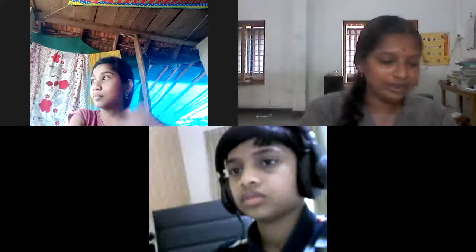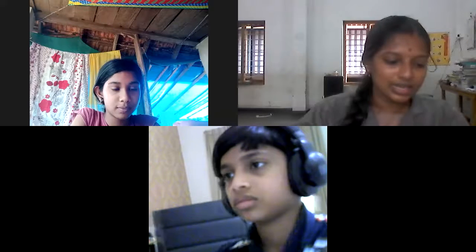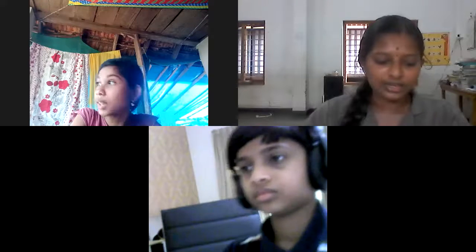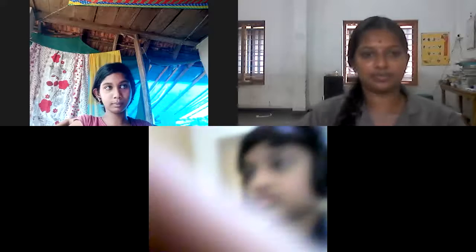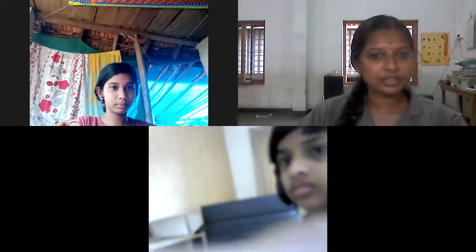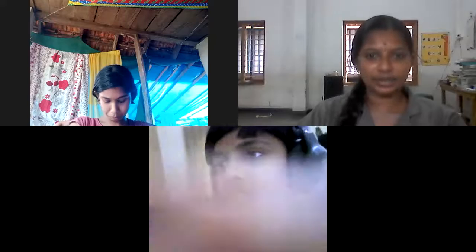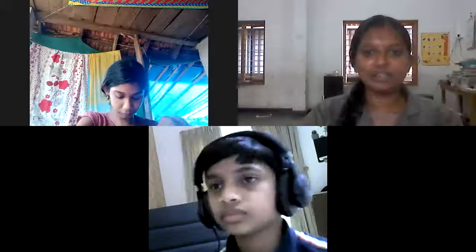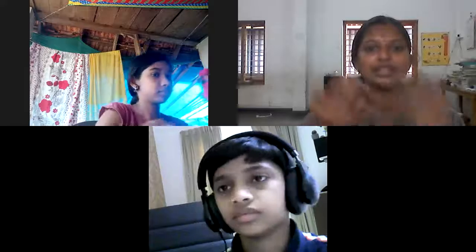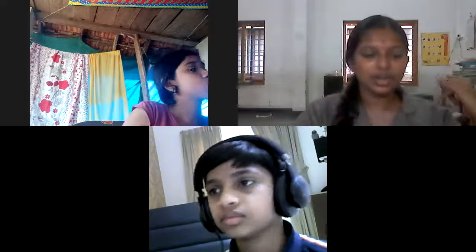This is what we have discussed in this class: congruence of plane figures, congruence among line segments, and congruence of triangles. Congruence of plane figures means 2 plane figures which are identical to each other. When we place one over the other, it should completely cover the second. That means it is congruent.